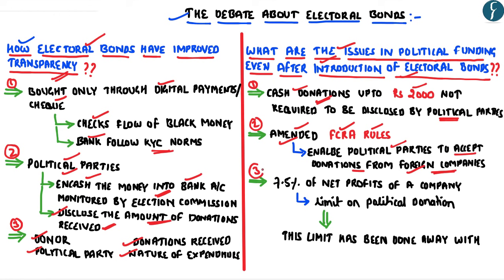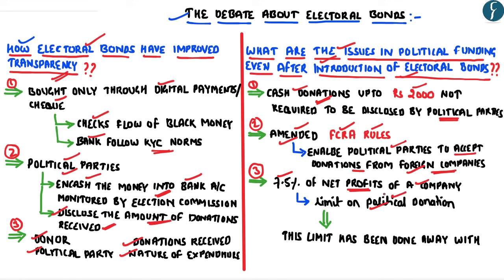Now with respect to the third issue, earlier there used to be a limit on the political donation by a company, and this limit was 7.5% of the total profits of a company. That means a company in India was not allowed to give more than 7.5% of its net profits in a year in the form of political donation.